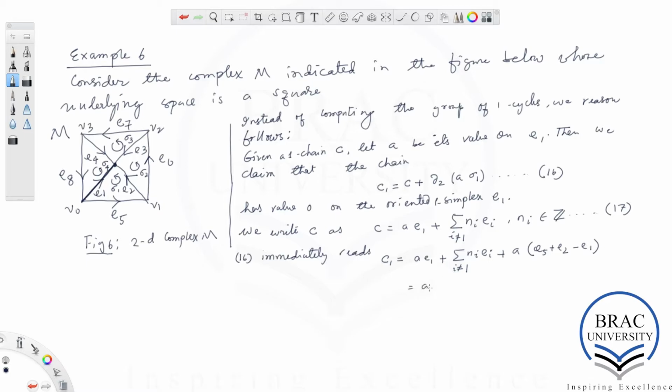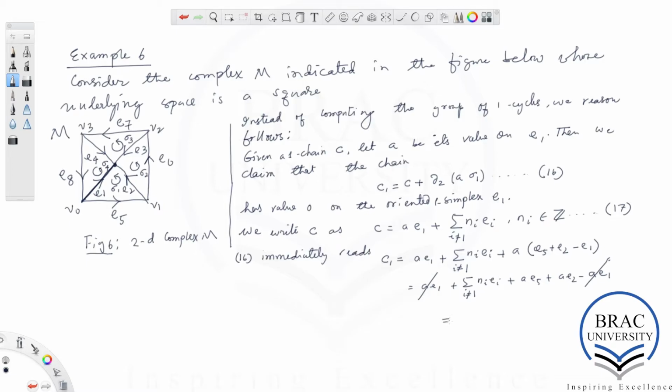So we have A E1 plus the sum over all i's except for 1, Ni Ei plus A E5 plus A E2 minus A E1, and this minus A E1 cancels out against A E1.